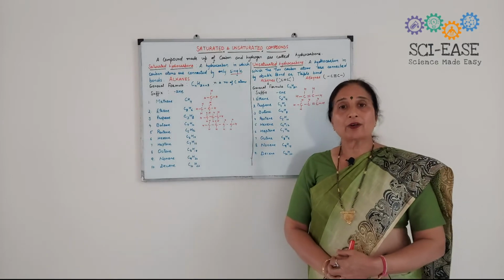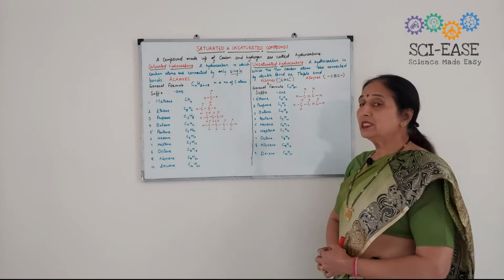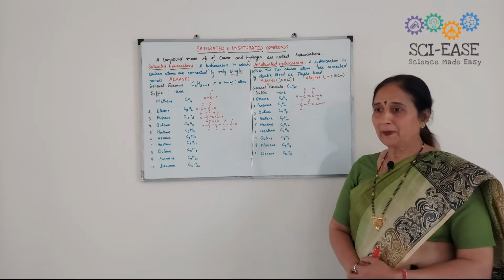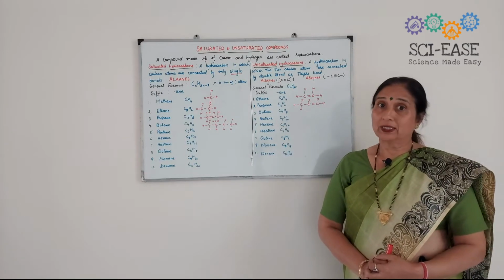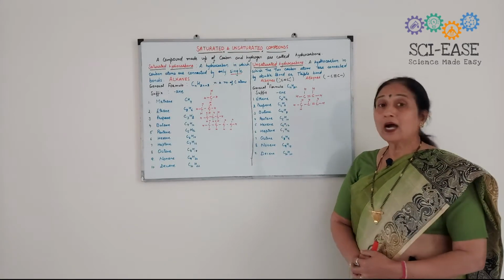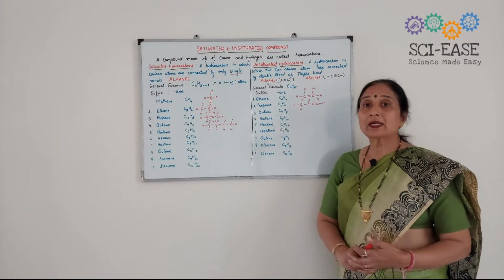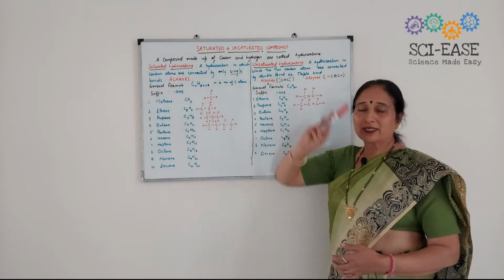Hydrocarbons are of two types: saturated hydrocarbons and unsaturated hydrocarbons. Saturated hydrocarbons, what are they? A hydrocarbon in which carbon atoms are connected by only single bonds.